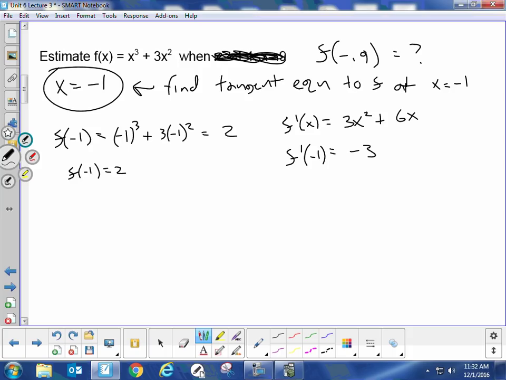Write your equation. We got our point, we got our slope, we got our equation. Maybe we want to manipulate our equation a little bit.